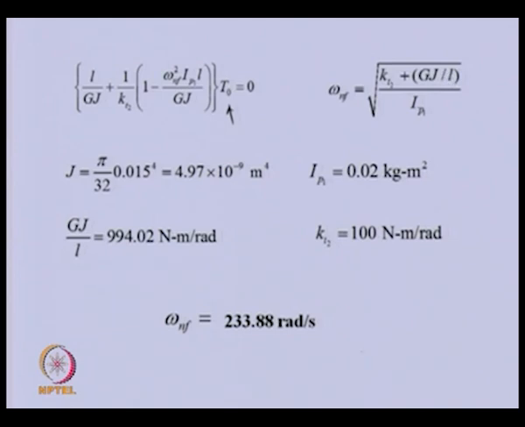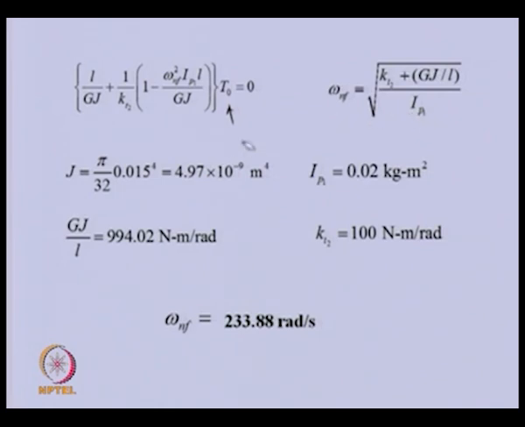So as such, these two springs, in the form of the actual spring and in the form of the shaft, are basically connected in parallel. So that's why their stiffnesses are getting added directly, and this is the polar moment of inertia of the disc.